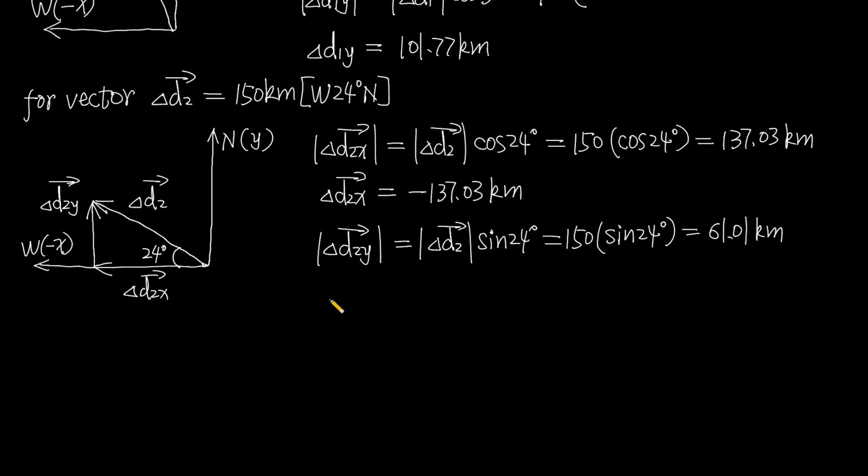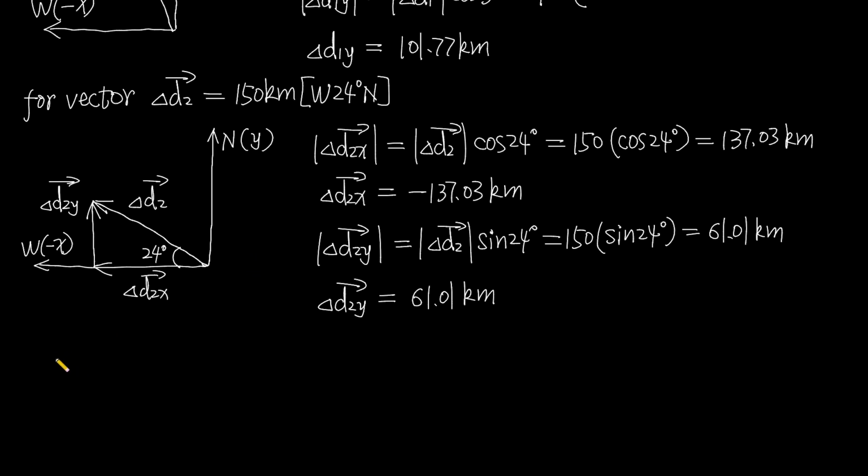Then the vector delta d2y is just 61.01 kilometers. It's positive because its direction is the positive y direction.